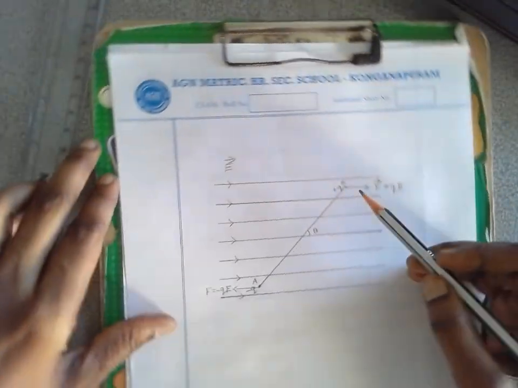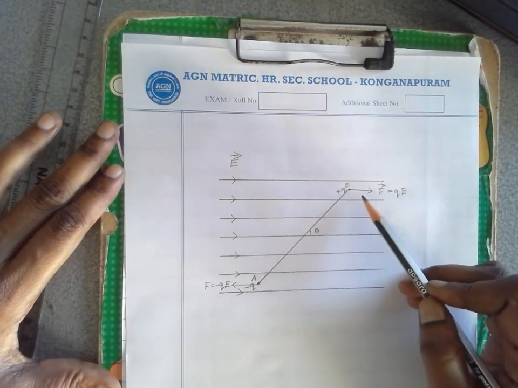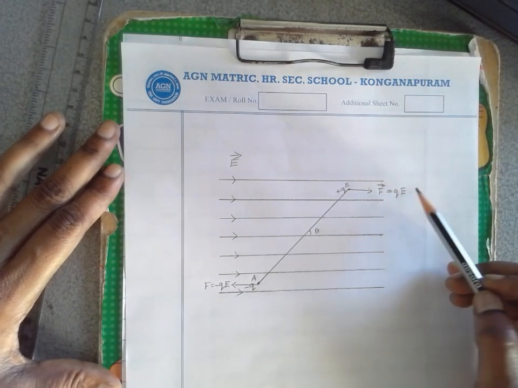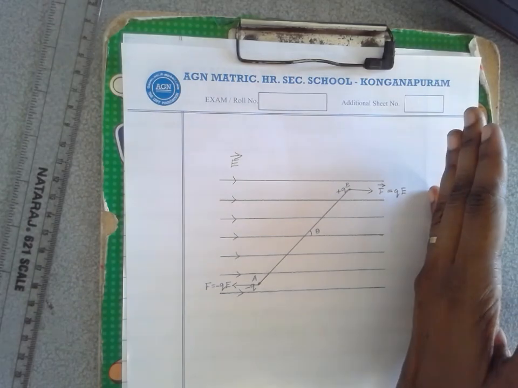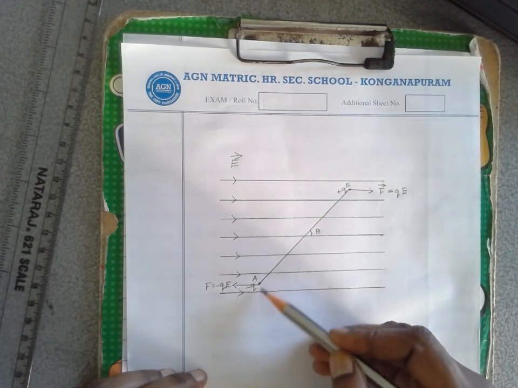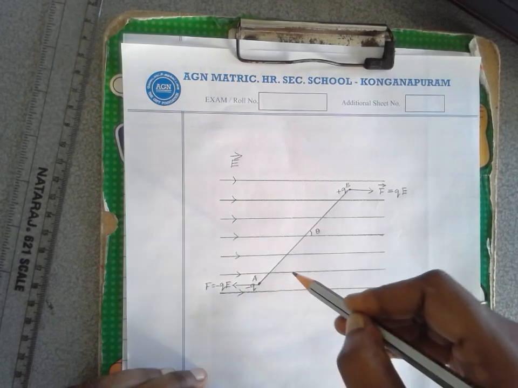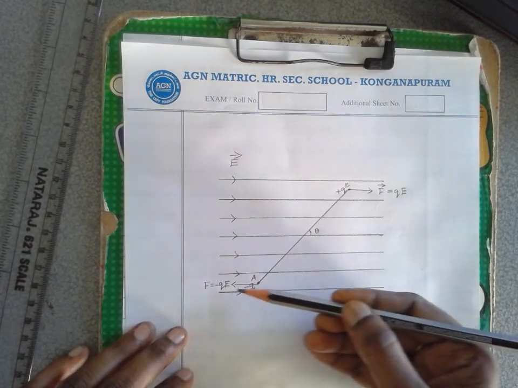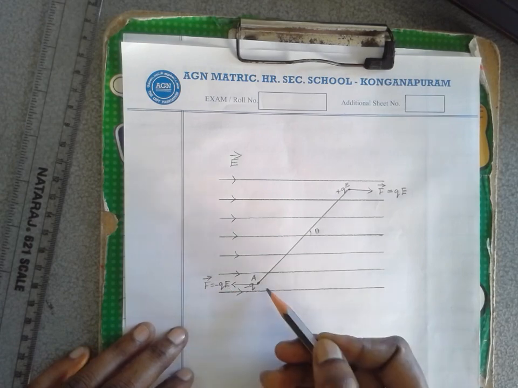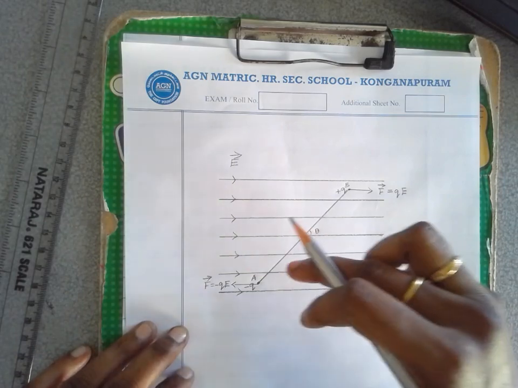The force experienced by this plus Q charge, F vector is equal to QE, acts along the direction of the electric field, but the force experienced by this minus Q charge in this uniform electric field, that is F vector is equal to minus QE, acts opposite to the direction of this uniform electric field.